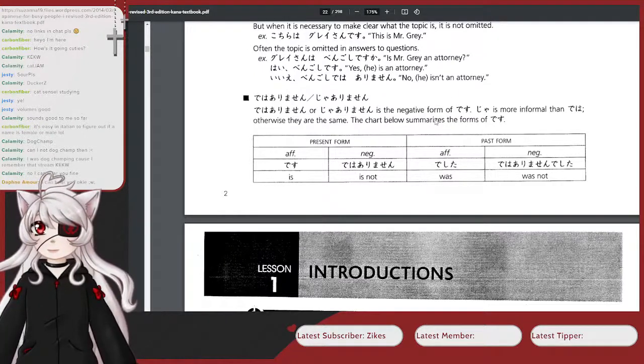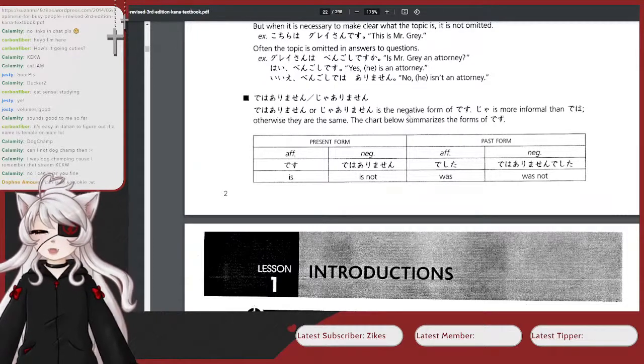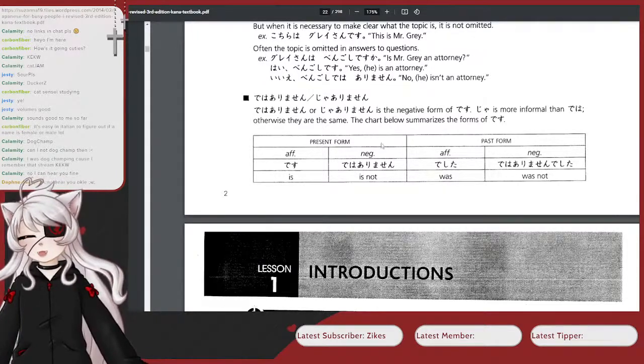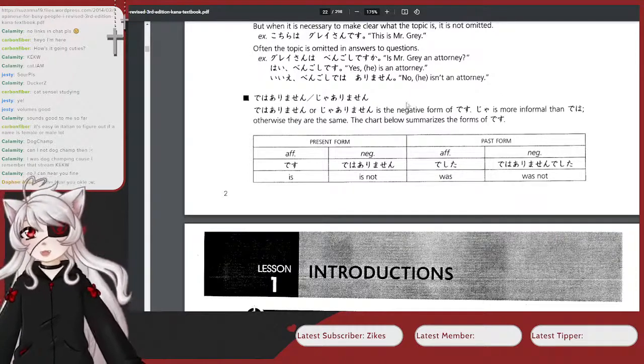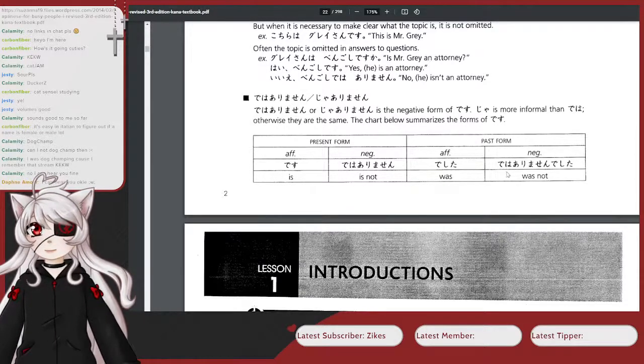A lot of people finished off that by saying this was purity deshita, like in the past tense, because you're leaving. And then it's dewa arimasen deshita. You literally just stick the deshita onto the end of the present form.